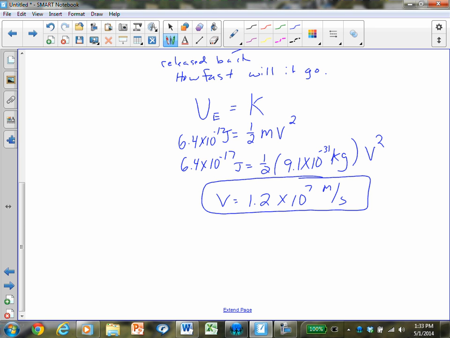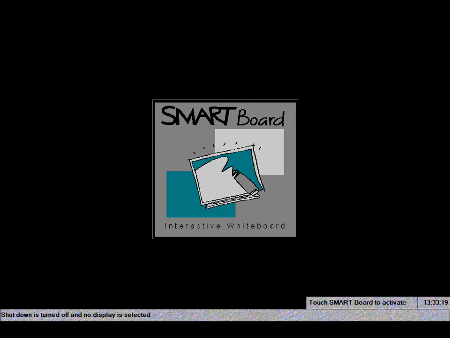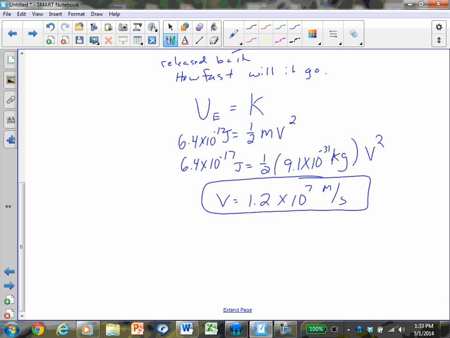This is the velocity when it gets back, as it accelerated back. The work was done on it as it moved through the electric field, and that work can be converted back into kinetic energy, 1/2 mv squared. This would be the speed when it went back to its starting point.